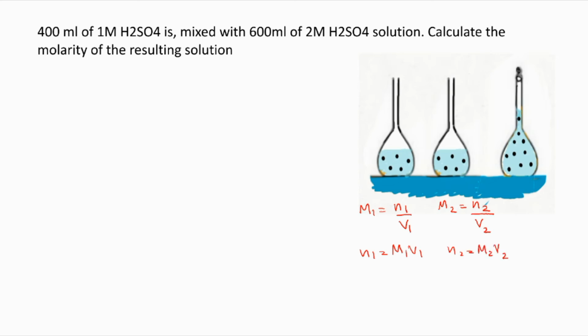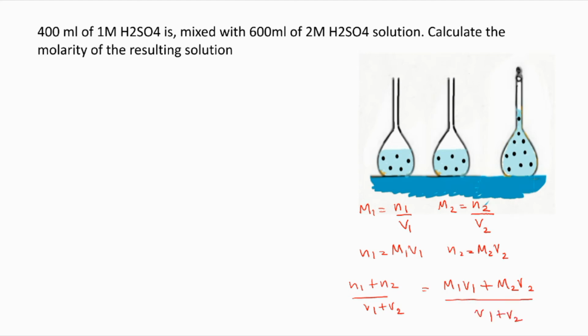As we said, in mixing problems like this, the final molarity of the solution is the total number of moles divided by the total volume. That means N1 plus N2 divided by V1 plus V2. What is N1 in this case? That will be M1 into V1, plus M2 into V2, divided by V1 plus V2.